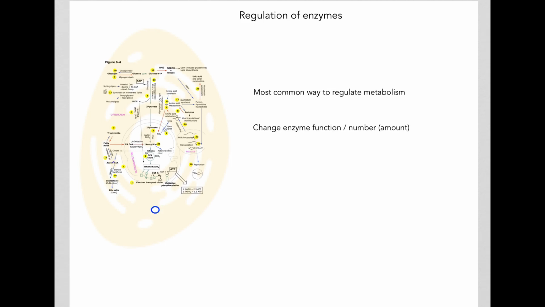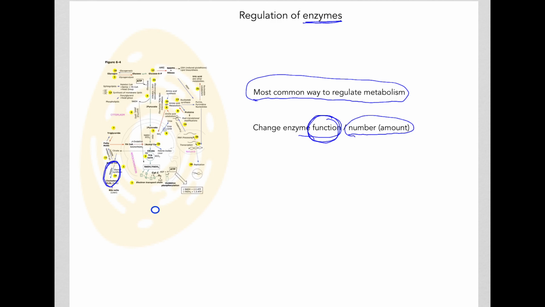Since metabolism involves many biochemical reactions, and most of these reactions are catalyzed by enzymes, it's not surprising that one of the most common ways to regulate metabolism is by either changing the enzyme function, the catalytic activity of existing enzymes, or by changing the number of enzyme molecules.